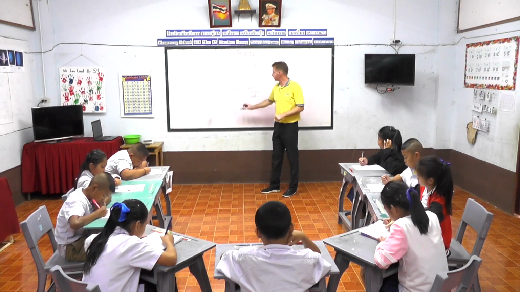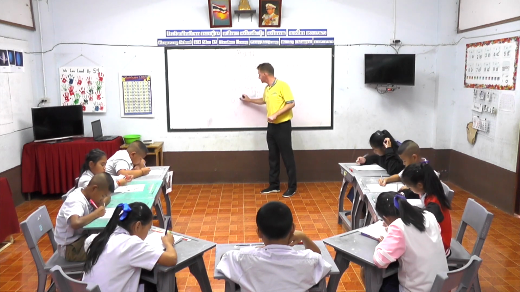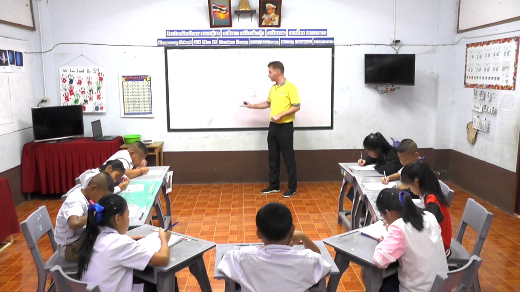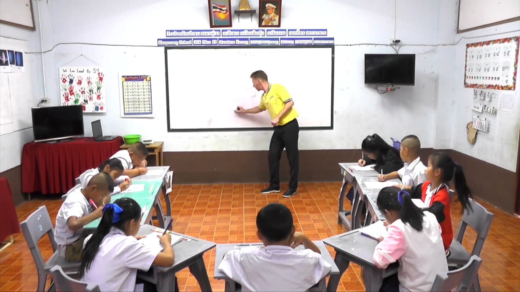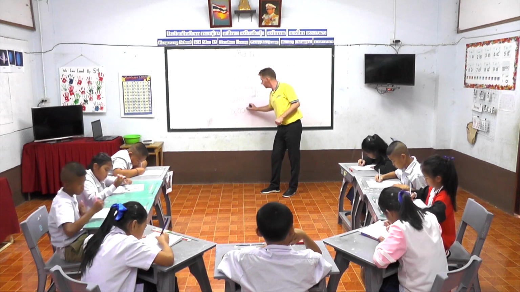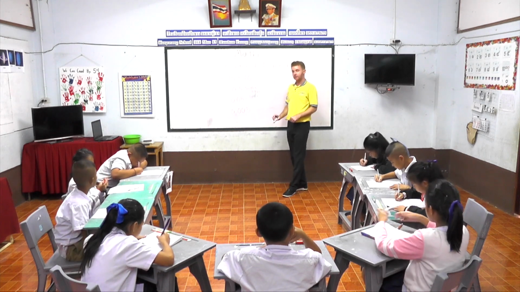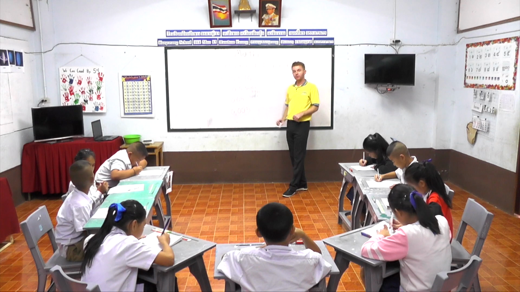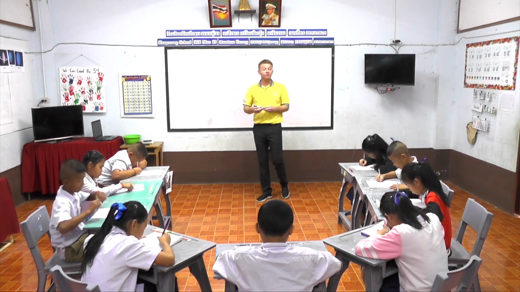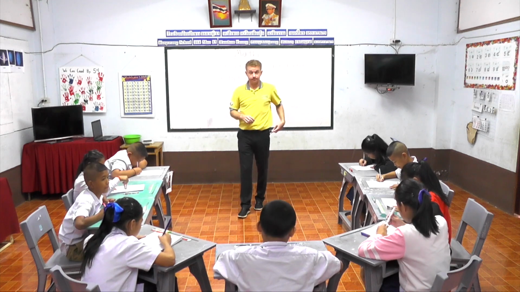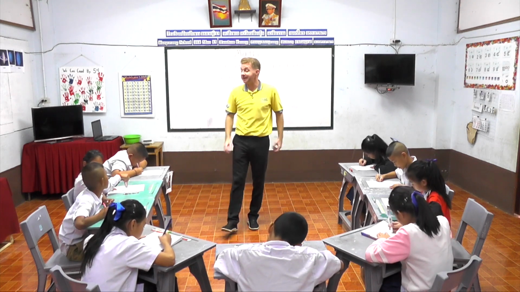If it's hundredths, it will be 0.0 and then the number. And if it's thousandths, it will be 0.00 and the number. Tenths, hundredths, thousandths. Each time we just add an extra 0. Okay? So if you need any help, let me know.